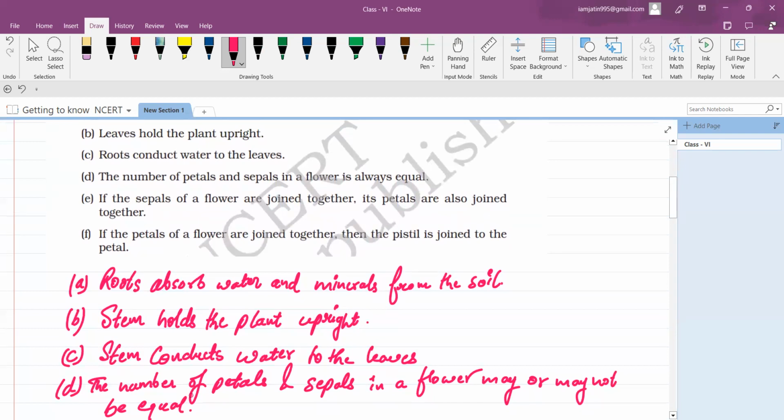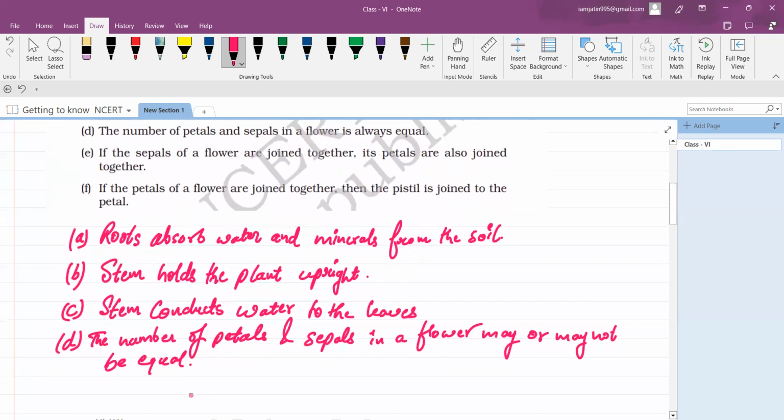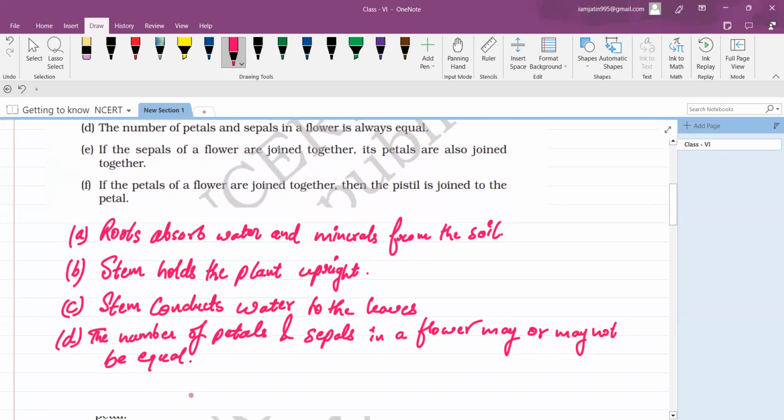The next statement is: if the sepals of a flower are joined, its petals are also joined together. This is not correct. The correct statement is: if the sepals of a flower are joined together, then the petals are separate.